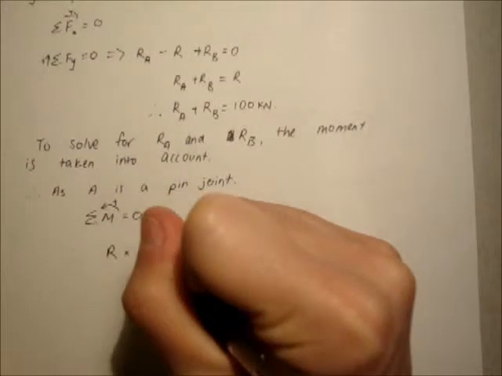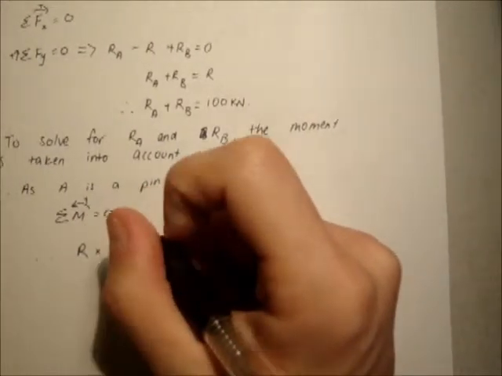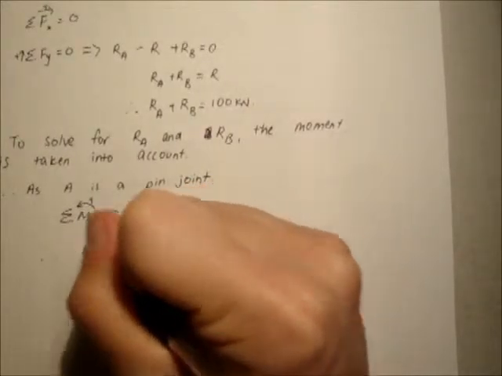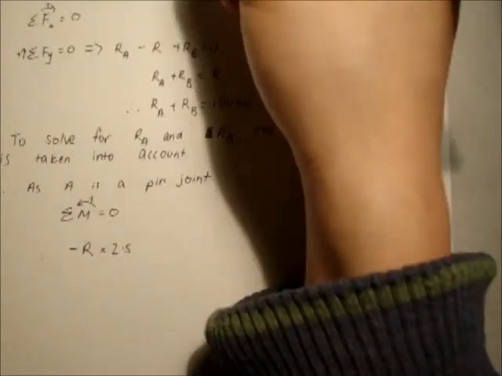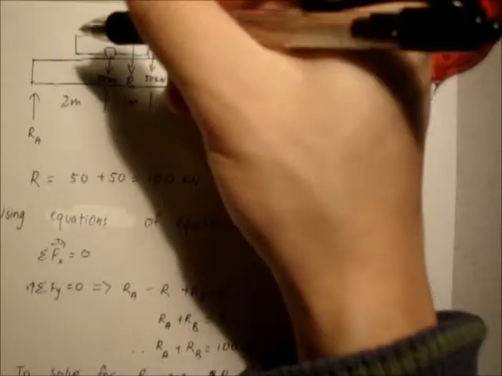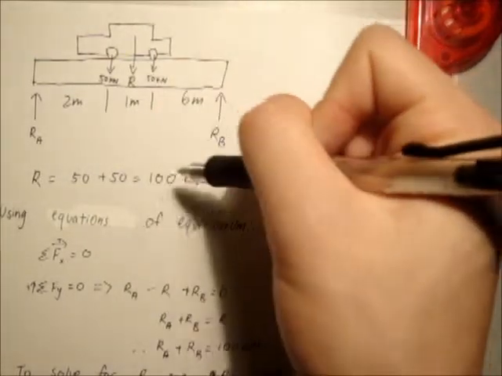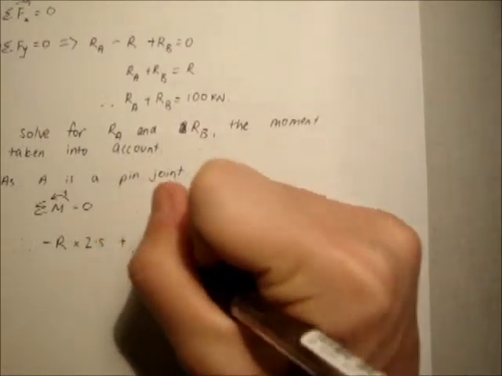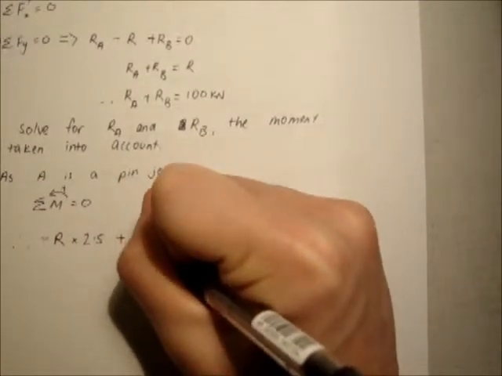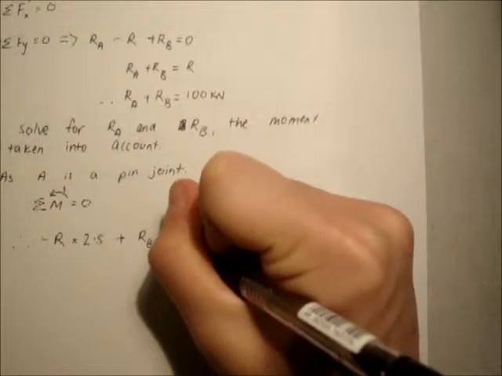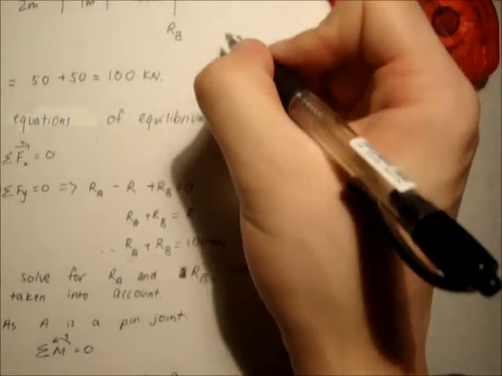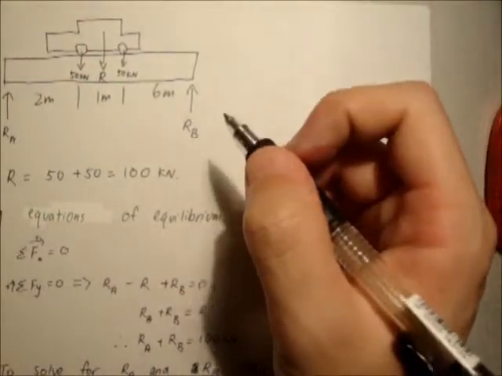Therefore, R times the distance to A, which is 2.5 meters, negative since it's in the clockwise direction, plus RB times the distance to A, which is 9 meters, in the positive direction, equals to 0.